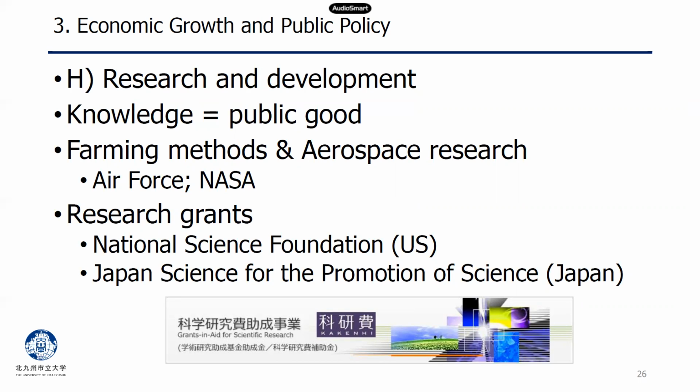And the governments promote R&D a lot. They spend lots of money on science and technology. For example, computers were born from US government investments, like NASA and the Air Force. And in Japan, they have lots of money to promote R&D too.